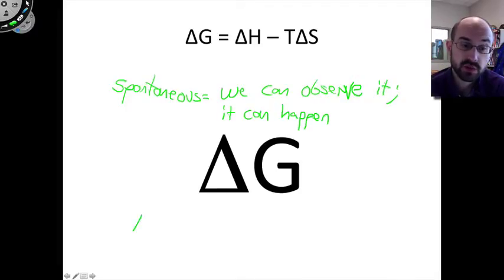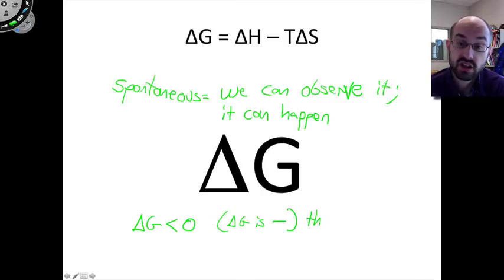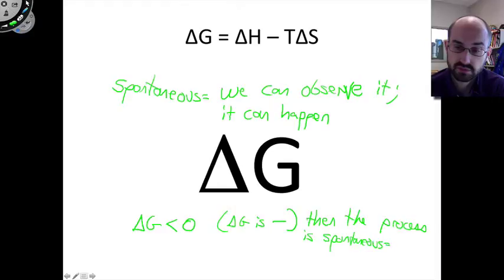And the key thing to remember is if delta G is less than 0, if delta G is negative, then the process is spontaneous, or observable.